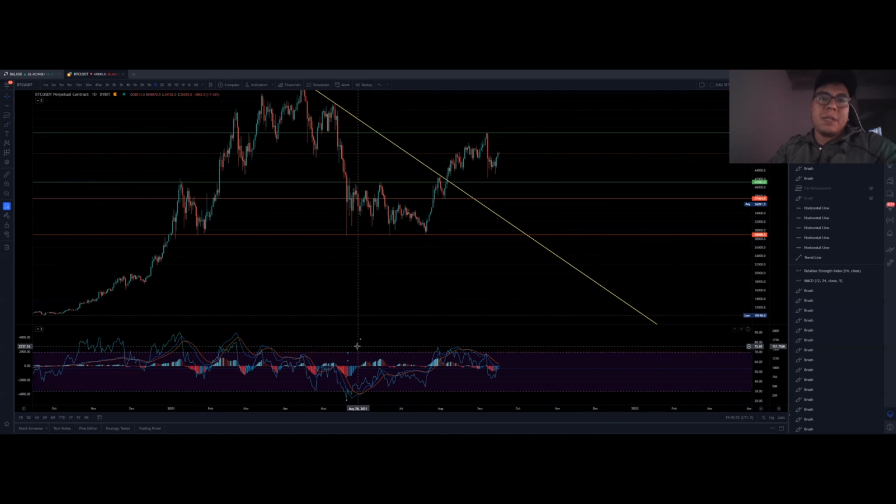May 19th. If you would have, this was your bottom. This was the first sign. Second bottom. Second sign. Third bottom. And look, you're always staying below the 50.